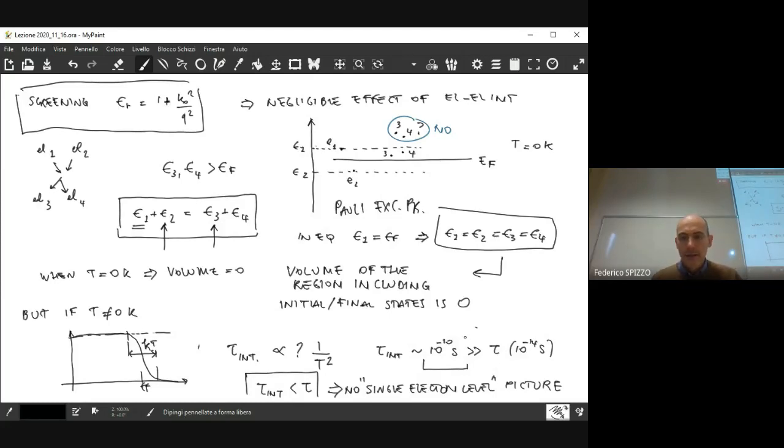So that doesn't hamper the single electron picture that we have used up to now. From now on, we will proceed with single electron levels, and we will just include any effects of the electron-electron interaction into the energy of those electrons. So the modification will just regard the energy values and not the expression or the actual shape of the electronic wave functions.